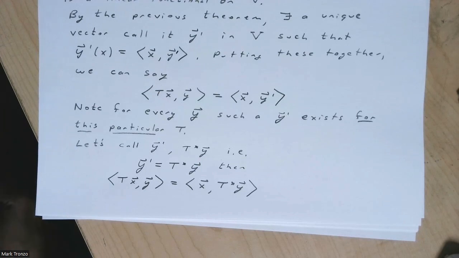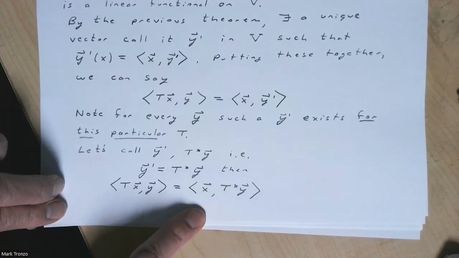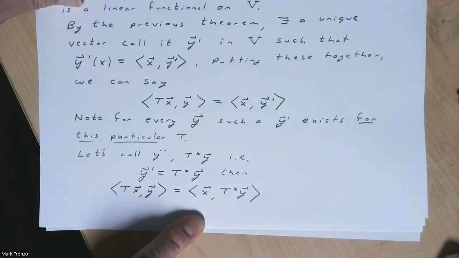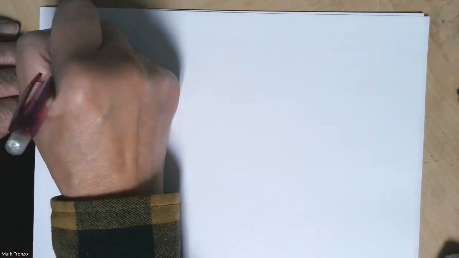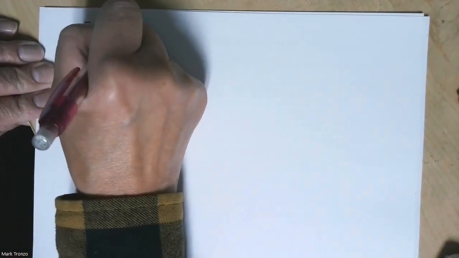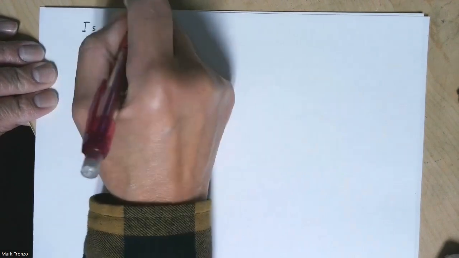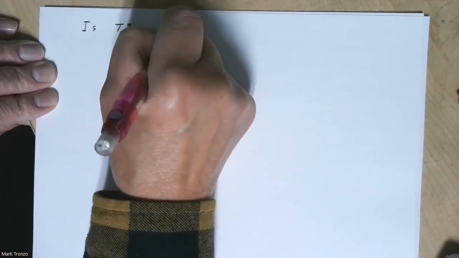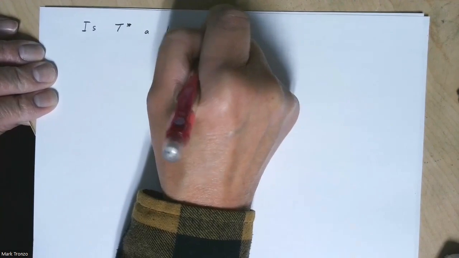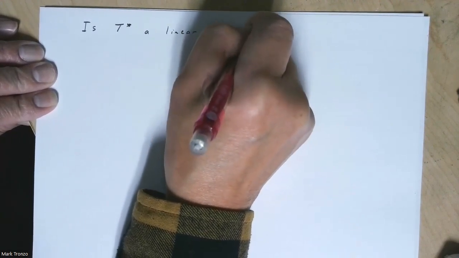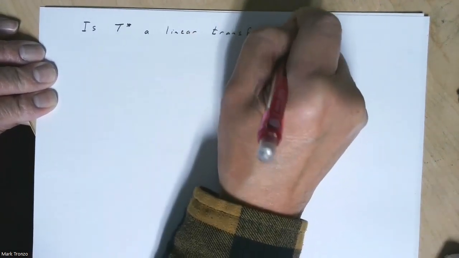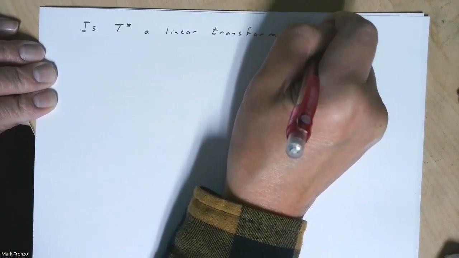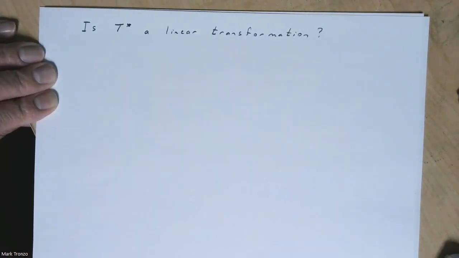Now we have to determine: is this T star linear? Is it a linear transformation? In other words, is our adjoint a linear transformation?